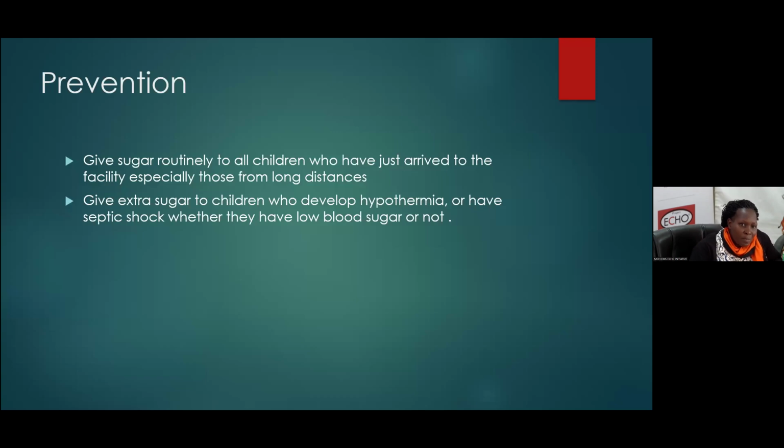If they can't drink by mouth, please use an NG tube. For every child who develops hypothermia, or has defined or diagnosed septic shock, always assume that they have hypoglycemia as well, and give them an extra bolus of sugar. Next.